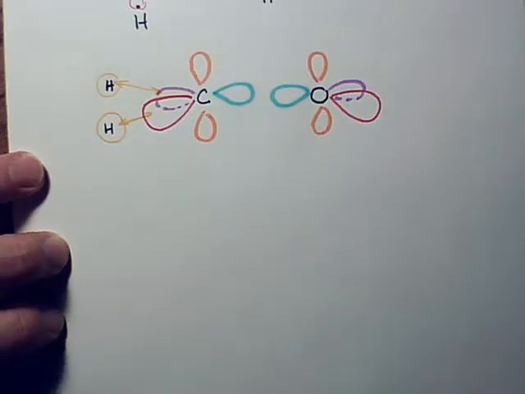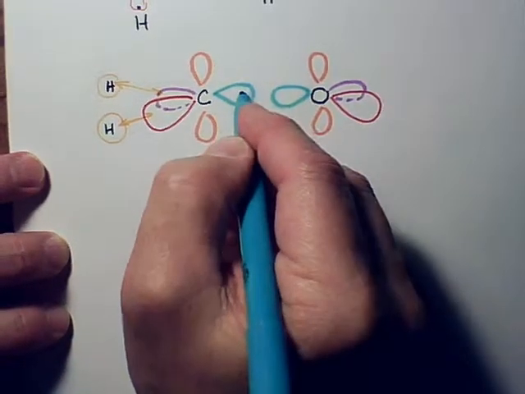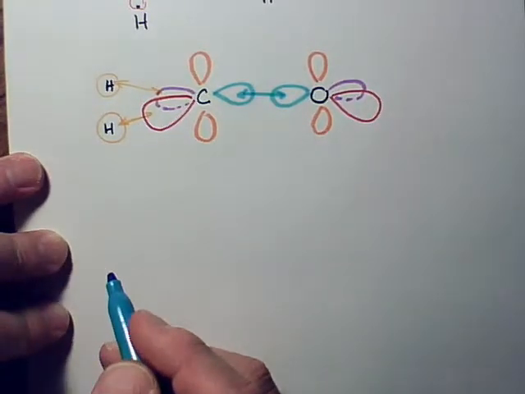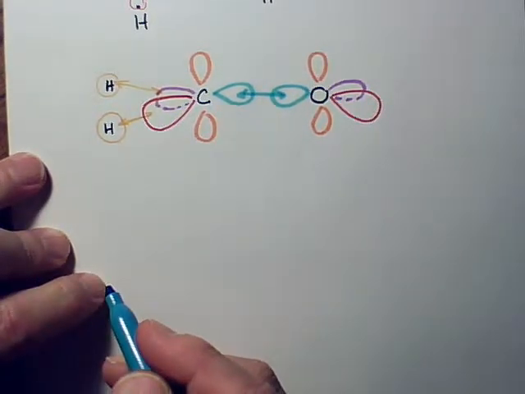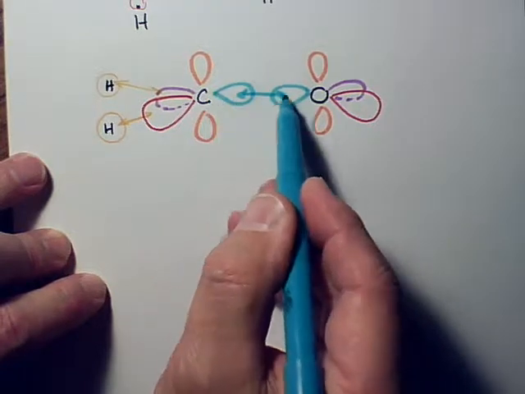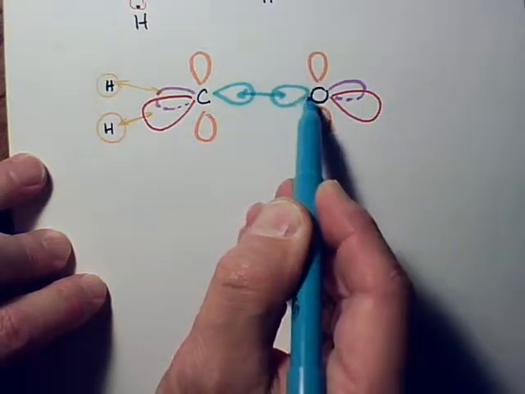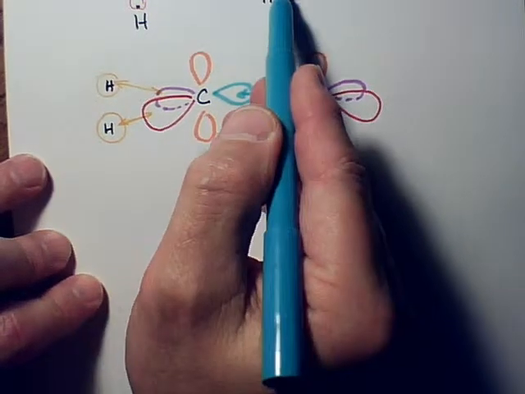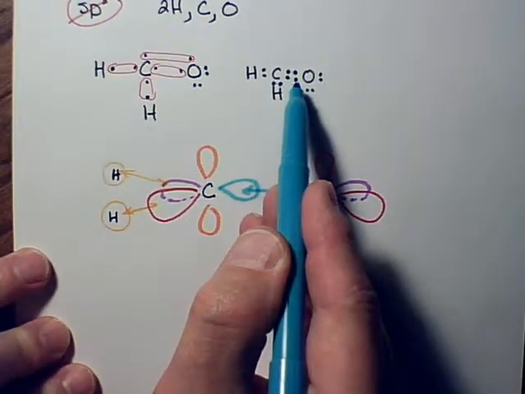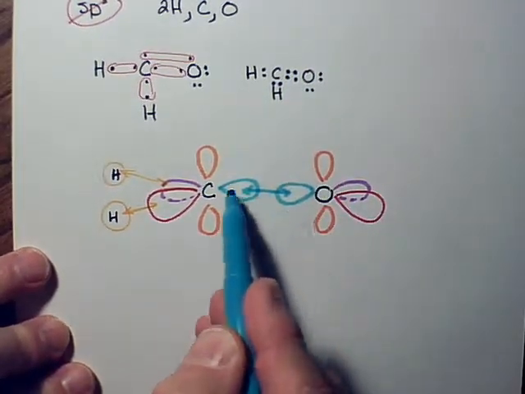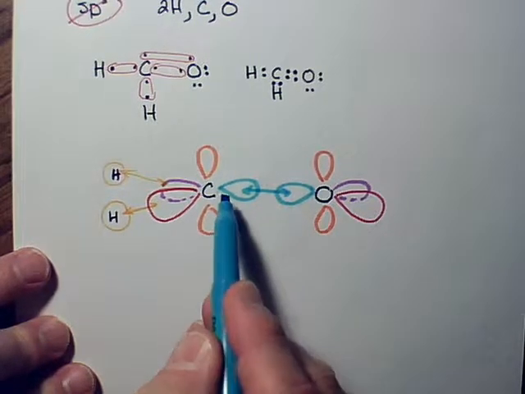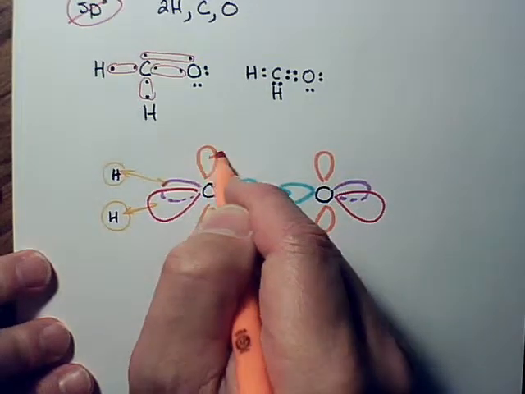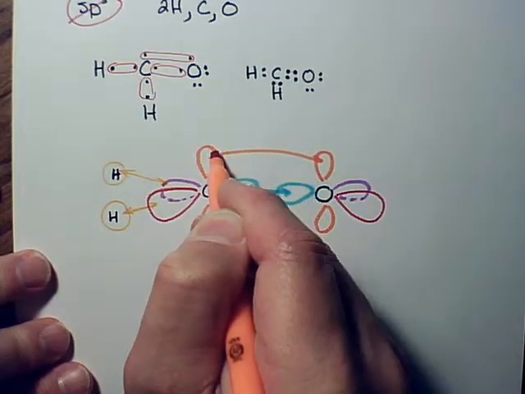So what I do is, I can share these two orbitals here and share the electrons in them to form a bond. But remember, this forms a bond directly on a line between the two nuclei. The next two that I share, I've got to share two pairs, can't be in the same space. So it can't be directly on a line between the two nuclei. It's got to be around it.